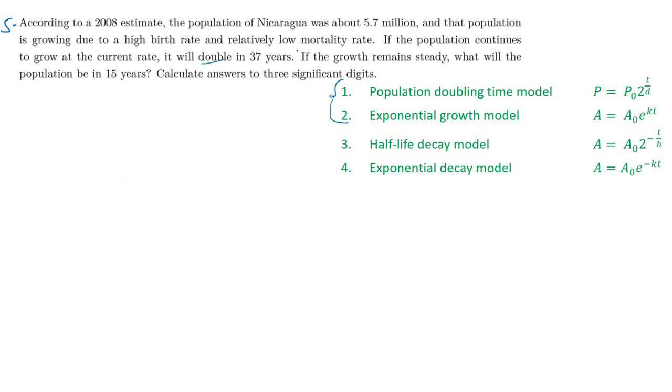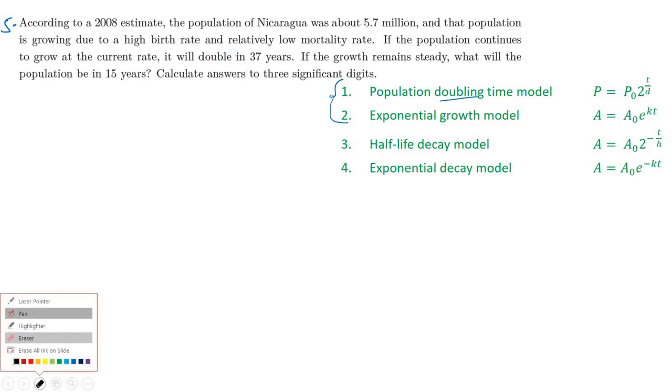See here, in some countries the population will double in 37 years, some country 30 years, some country 50 years. It depends upon the country. They are telling for this country it is double. Yes, this point, doubling in 37 years. So this is the population doubling model.